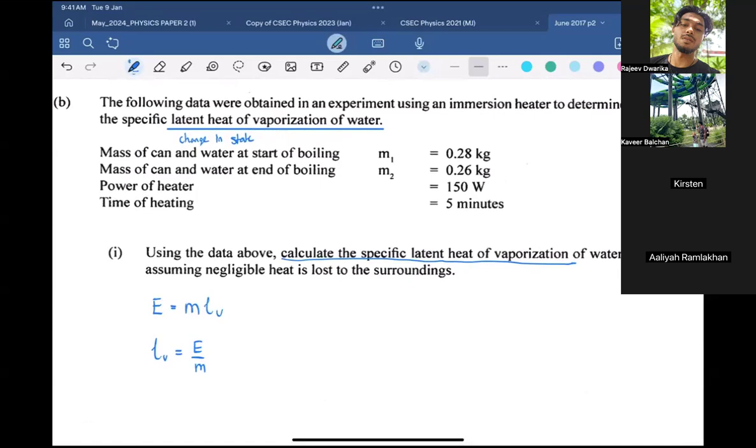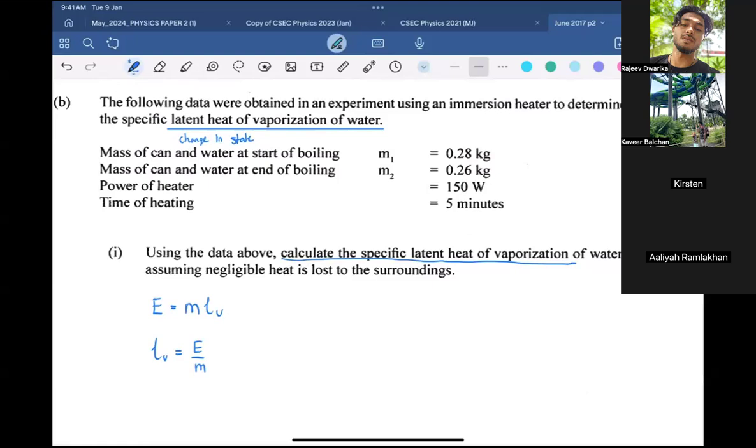Let me explain something. We're talking about a change in state. So you have a can of water and you're heating it up. You have an immersion heater.